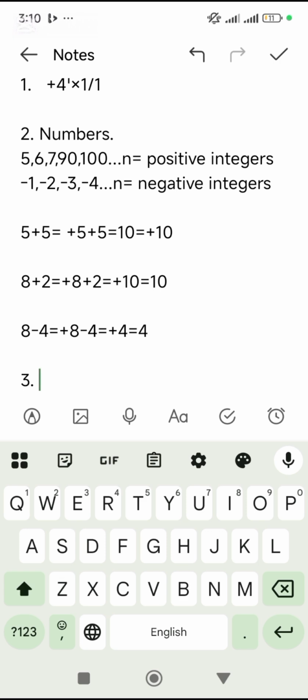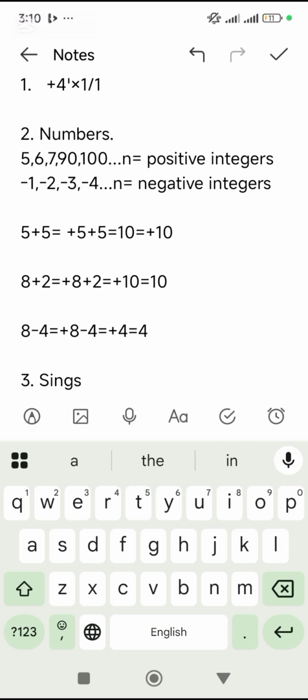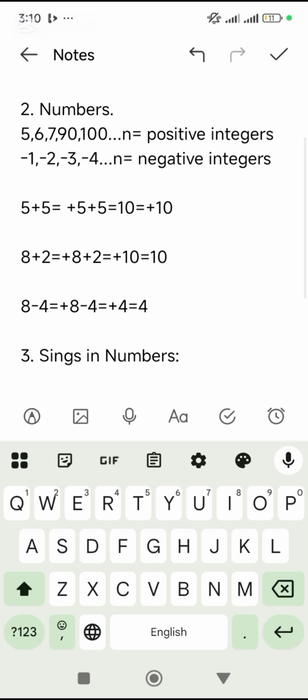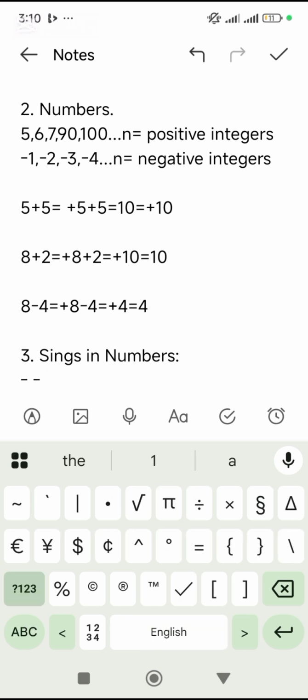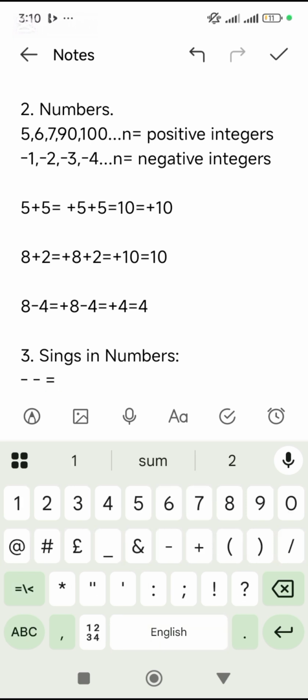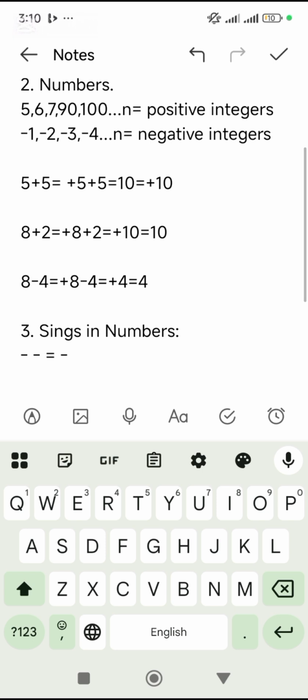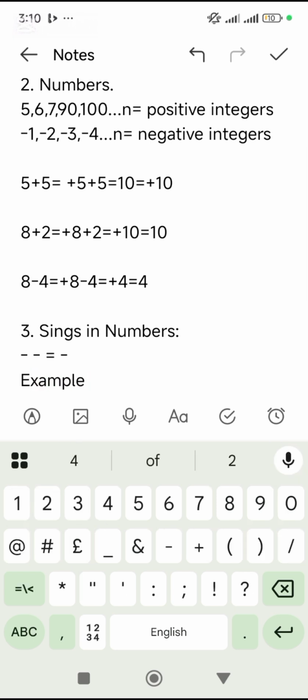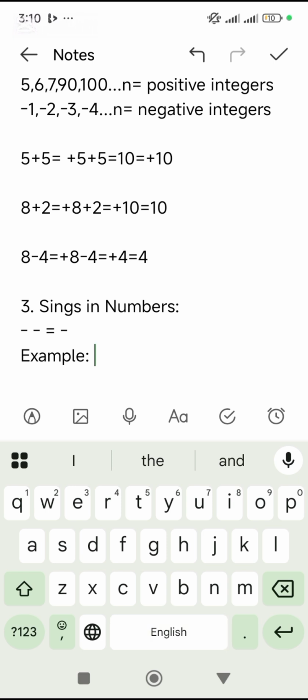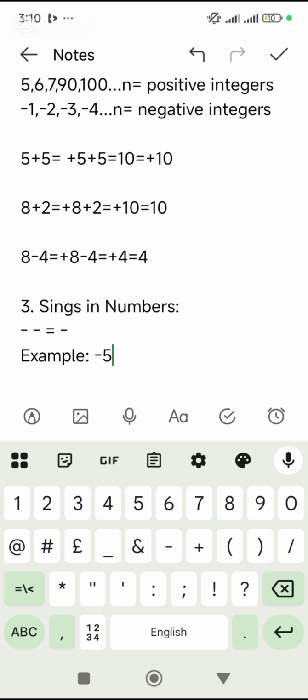So signs in numbers, if you have minus, it will be equals to minus. This is what I mean. Example, say you have minus 5 minus 8.